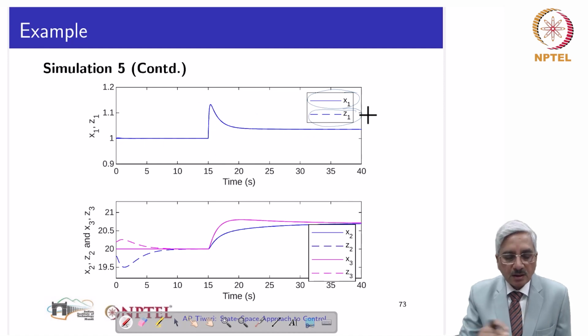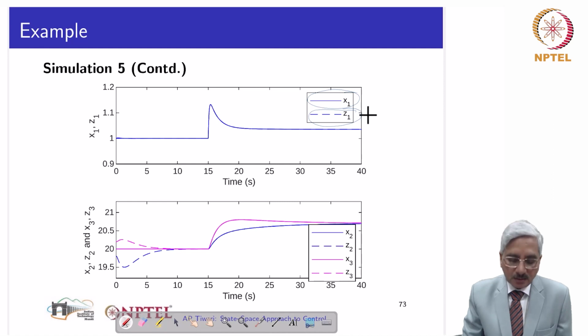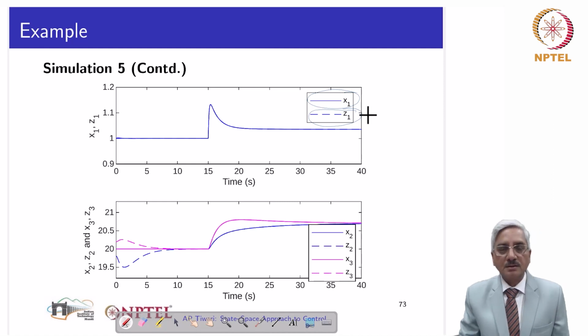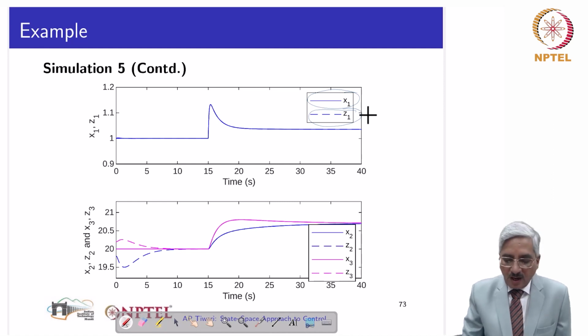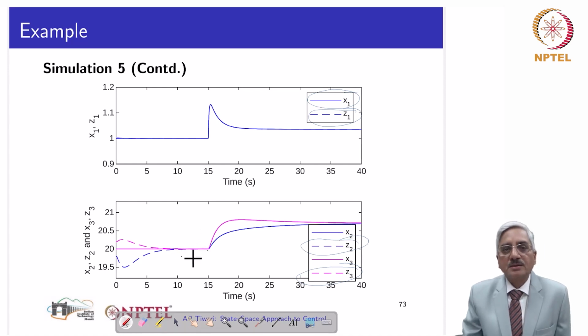The two values are coincident at all instants of time. And Z2 and Z3 undergo initial small variation, of course, but again they stabilize a little before the 15-second time that we see. That happens.